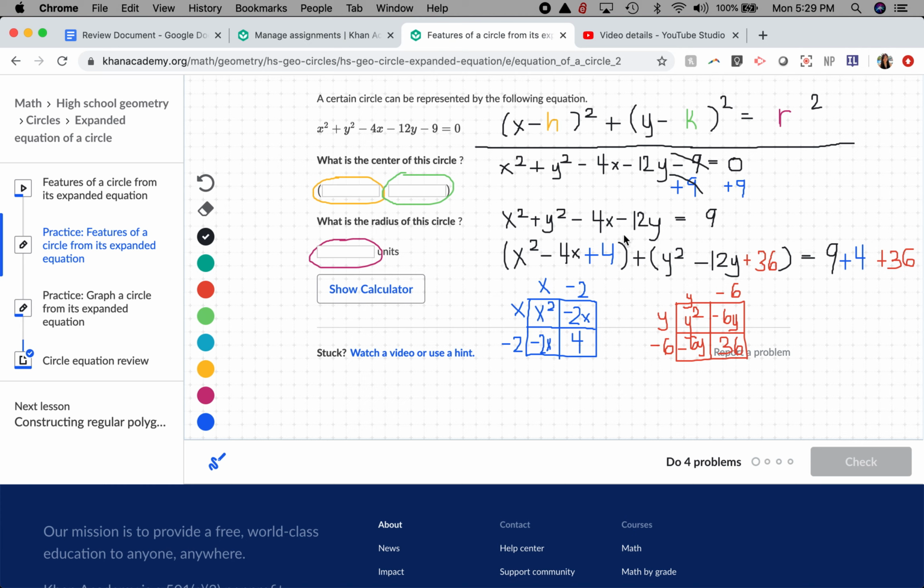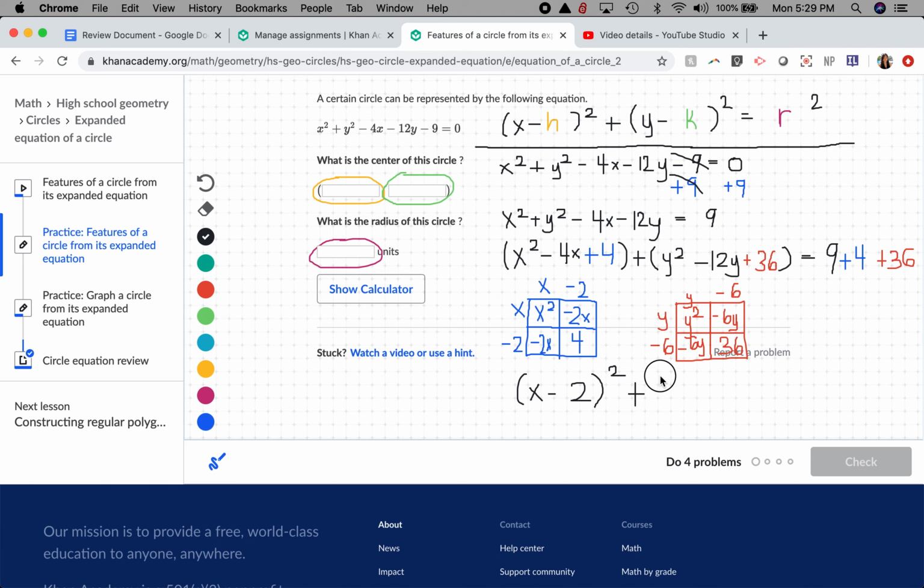This first perfect square trinomial perfectly factors out into x minus 2 squared, because x minus 2 times x minus 2 will give you this trinomial.